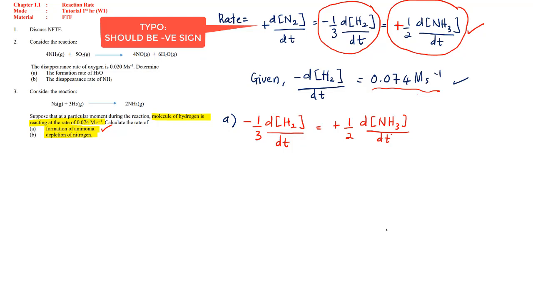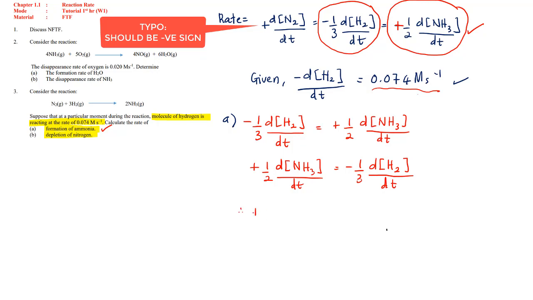Since we are going to calculate the rate of formation of ammonia later on, to make it easier for you, I change the position of rate of formation of ammonia and rate of disappearance of hydrogen gas. So saya tulis yang ammonia tu sebelah kiri sebab kita nak cari dia. So positive 1 over 2 rate of formation of ammonia over dt equals negative 1 over 3 rate of disappearance of hydrogen gas.